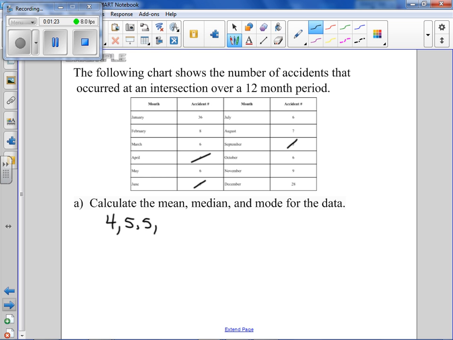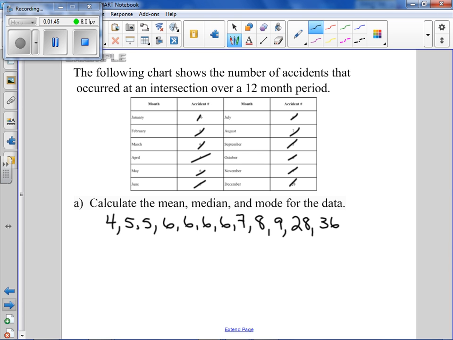Now 6. There are four 6s. 7. There's one. 8. There's one. 9. There's one. Now the next number jumps to 28, and then we have 36.